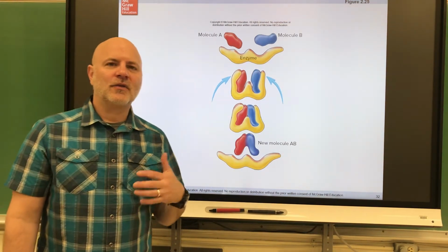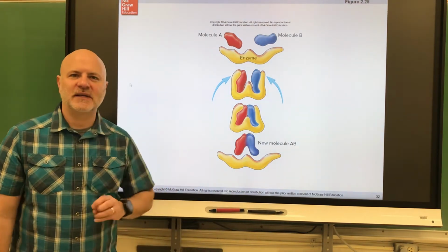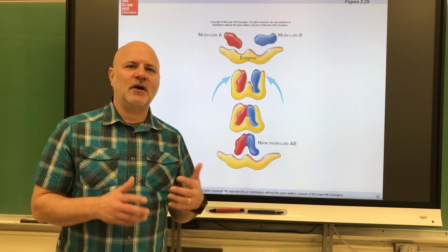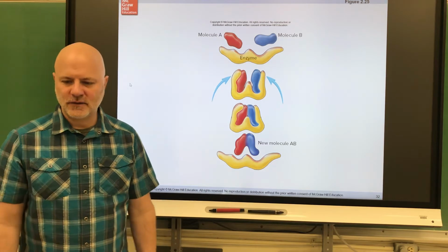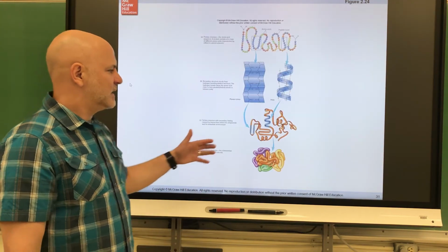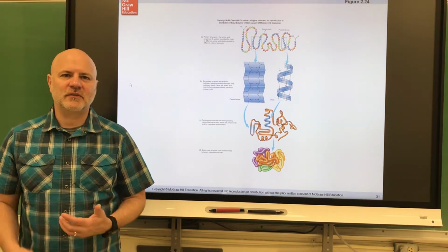The reason that we can't break down cellulose is we don't produce enzymes to break down cellulose. The reason that people are lactose intolerant is they don't produce the enzyme lactase anymore to break down that sugar, lactose.